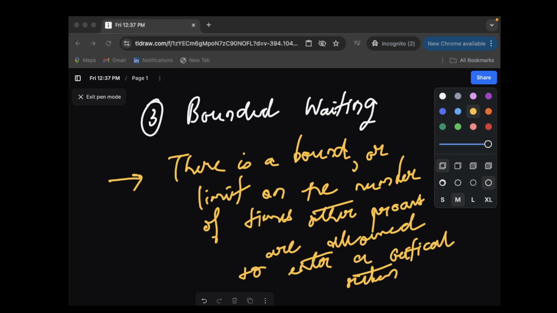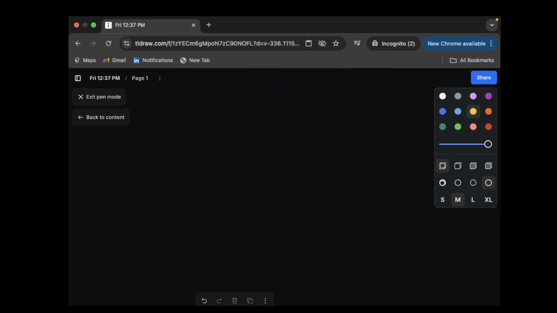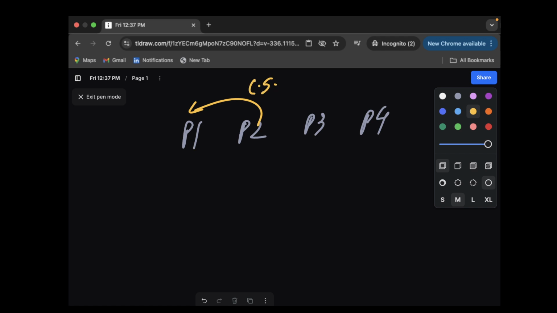Oh, basically what it is trying to say is, there shouldn't be any starvation, right? So if there is P1, P2, P3, and P4, and suppose P2 requests critical section access, there is just a bound.